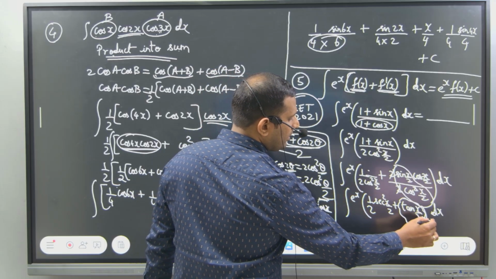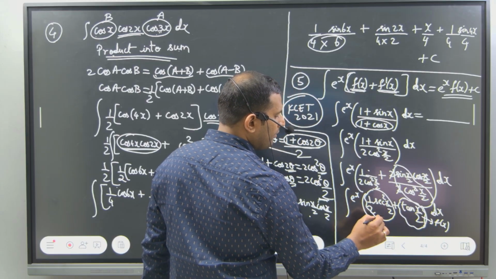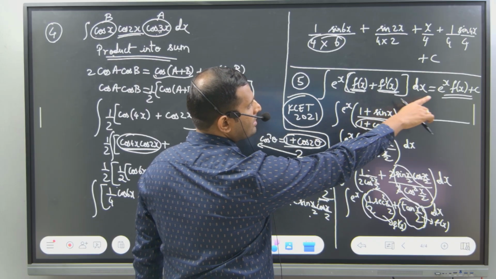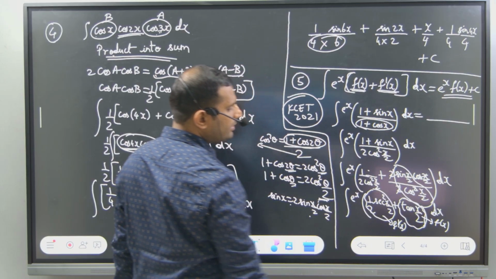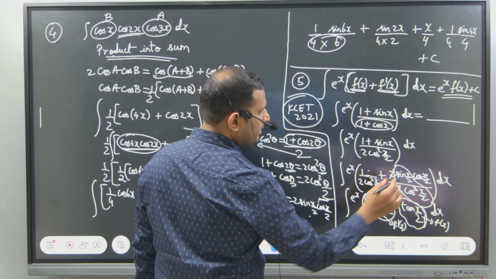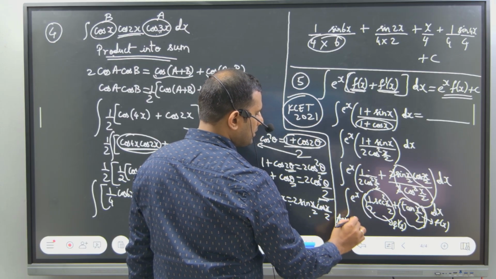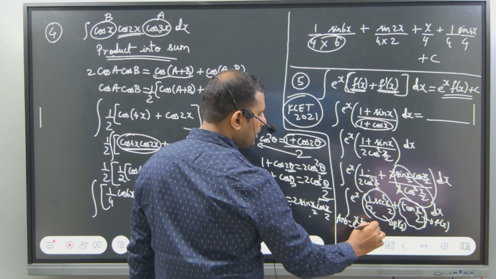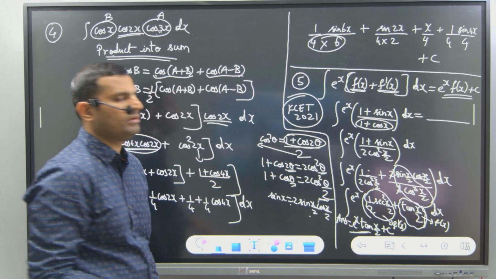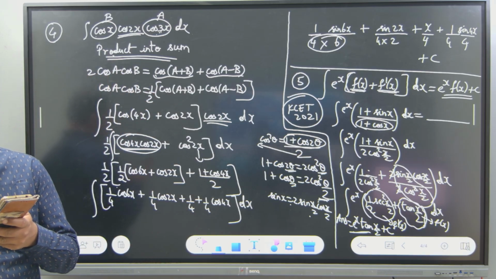So this is like your f of x, and this is like your f dash x. So what is the answer? The final answer is e power x into tan x by 2 plus c. So in CET they have given this type of questions many times.